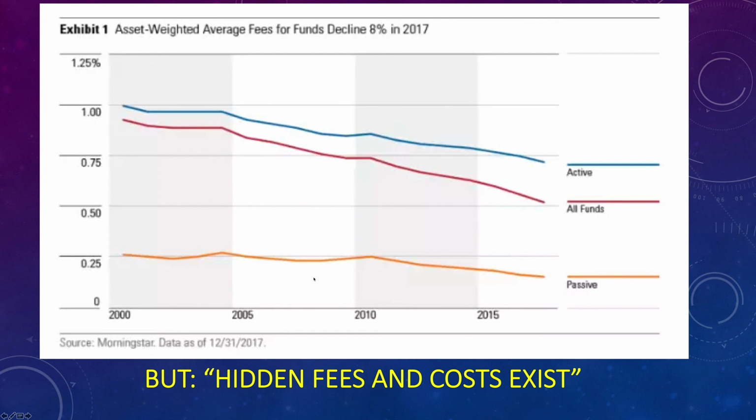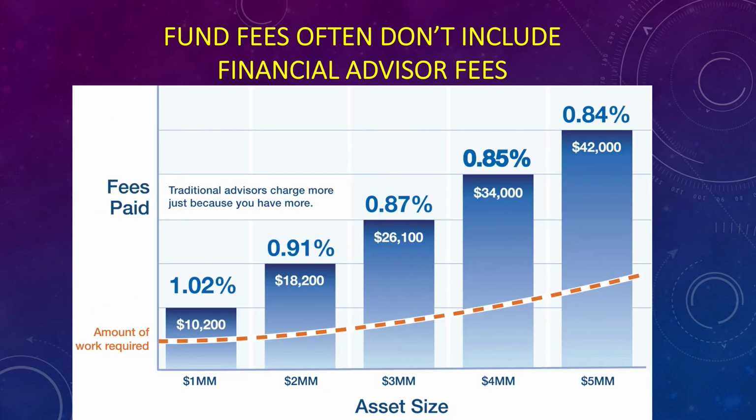Now, there's some other costs relating to funds that we'll explore that are not reflected in what we call the annual expense ratio. And fund fees often don't include financial advisor fees. So if you have a financial advisor who's managing a portfolio for you, let's say you have a $1 million portfolio, the average fee is 1.02%.